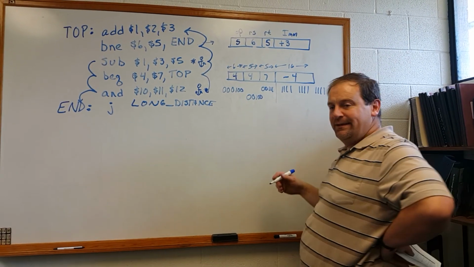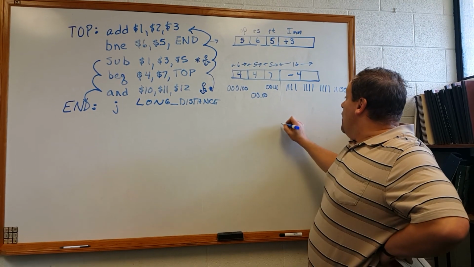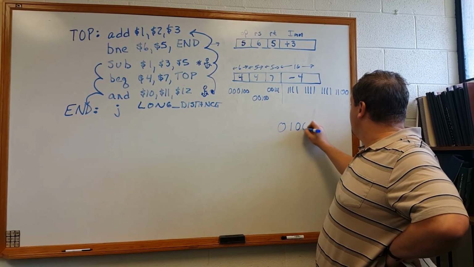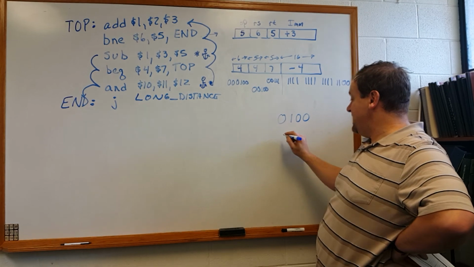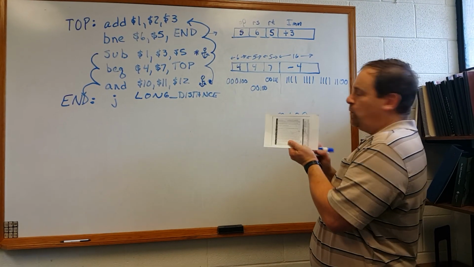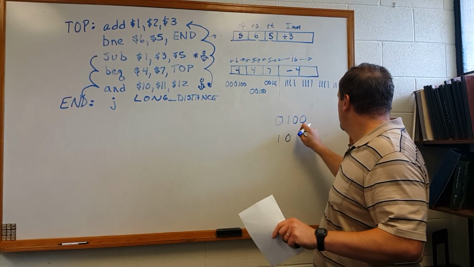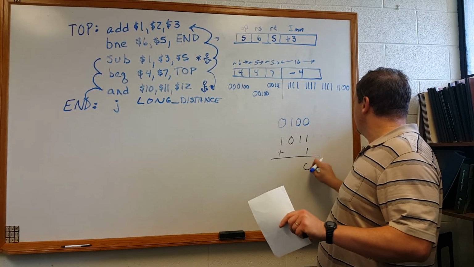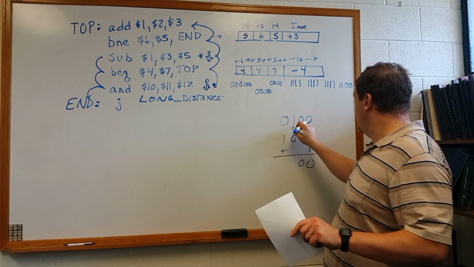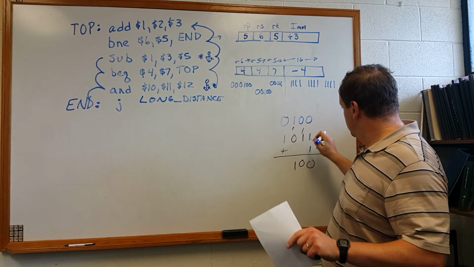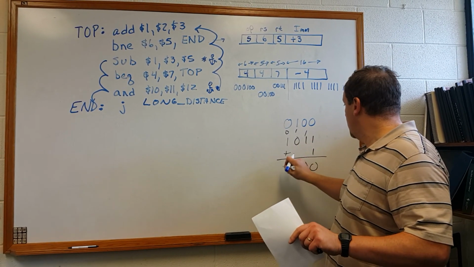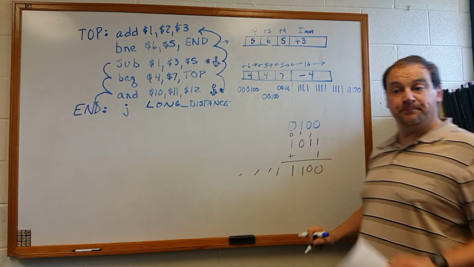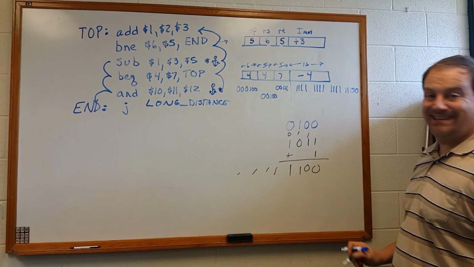Now what's the other way to do it? You've got a number of different things. 4 is 0, 1, 0, 0. I could invert all the bits and add 1. So 1, 0, 1, 1. Now I add 1, and I get 0, carry the 1, 0, carry the 1, 1, carry a 0, and then a 1, and then I've got leading 1s. Did I get the same thing? I did.